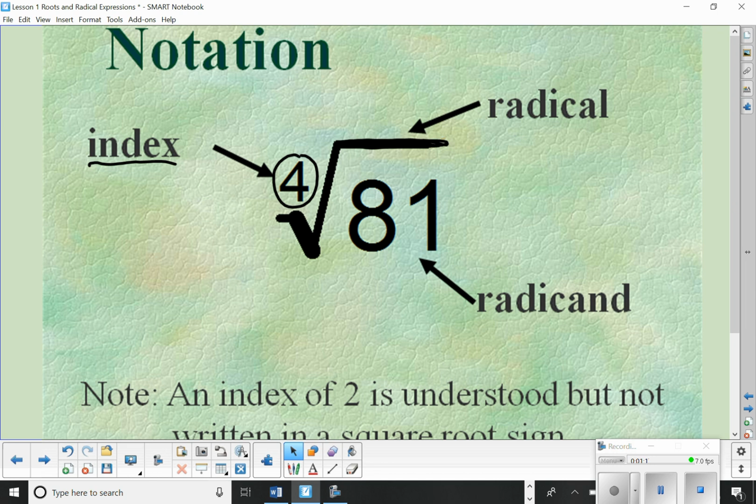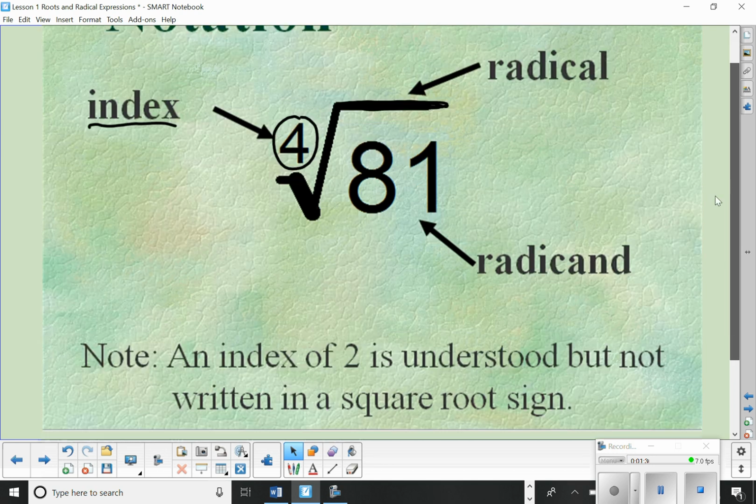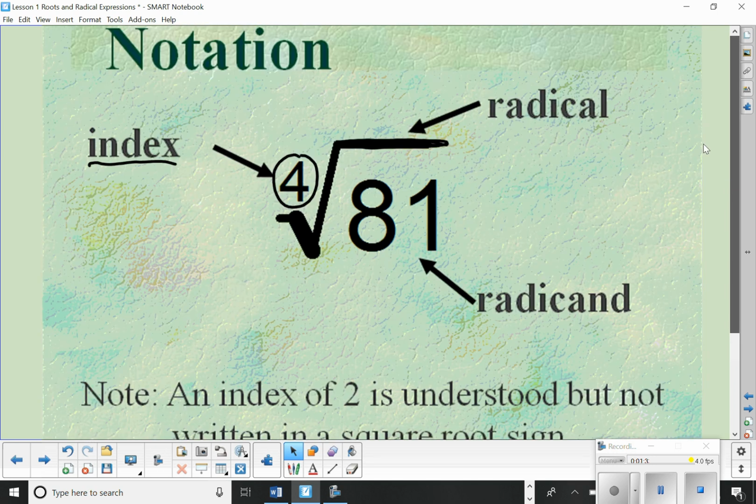And then the radicand, that is the number inside or under the radical. The radicand could actually be variables too. Now, it should be noted that an index of 2 is understood but not written in a square root sign. Okay, so it's understood, but we don't write it.